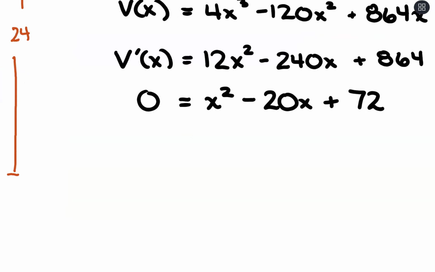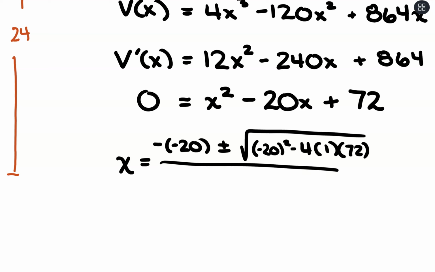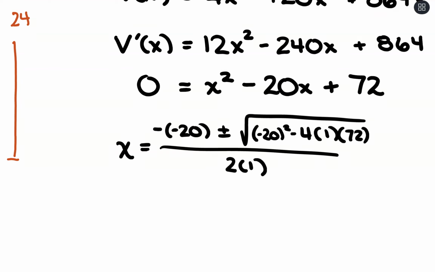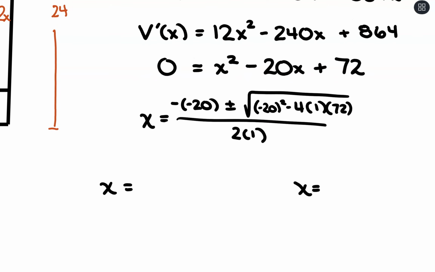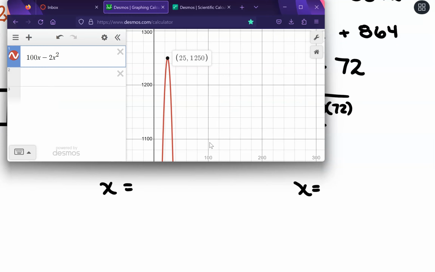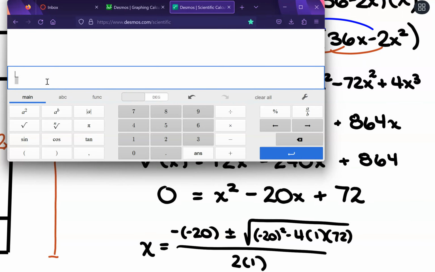So to solve for x here, we're going to use the quadratic formula. So negative b plus or minus square root b squared minus 4ac all over 2a. And since we're just getting decimals out here, we can just go ahead into a calculator to get our two answers out. And let's do that together, because why not? It's been a while with the quadratic formula. So we're going to have 20.